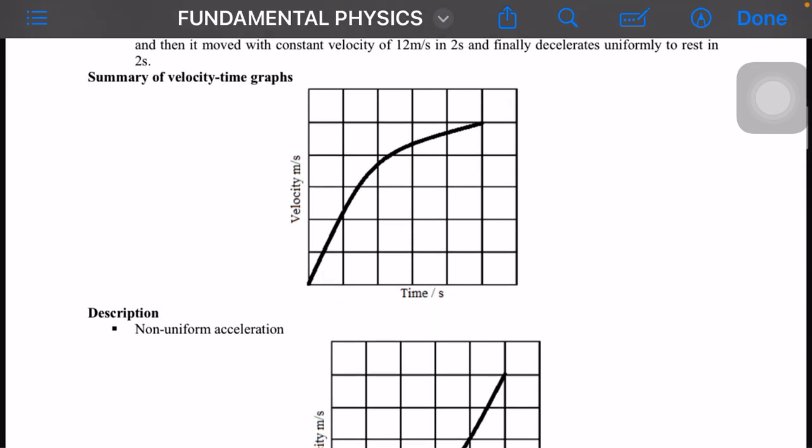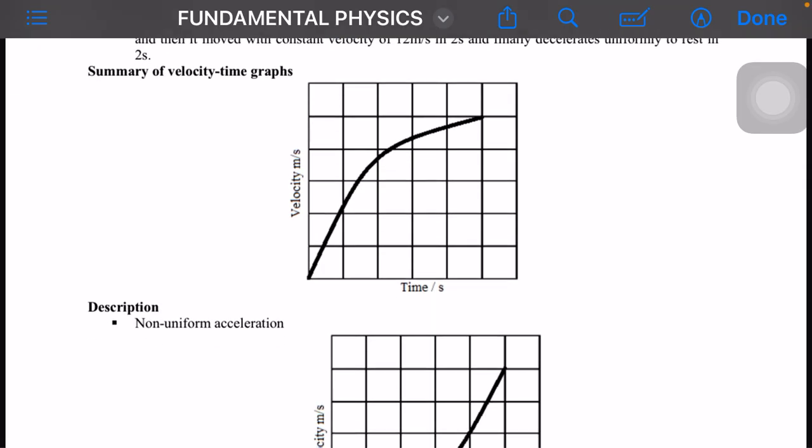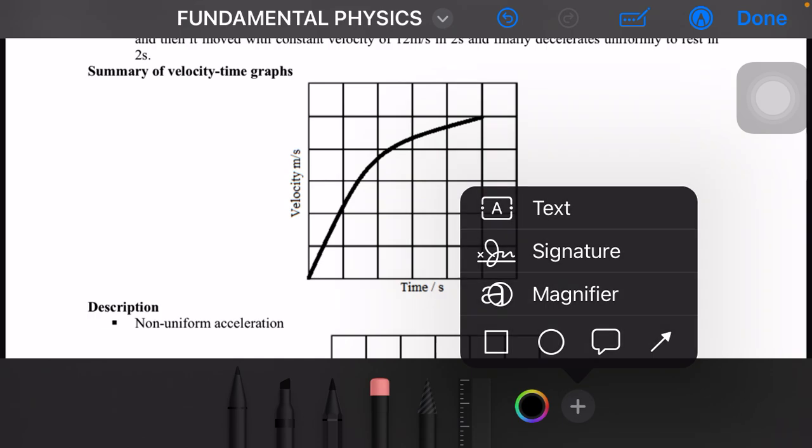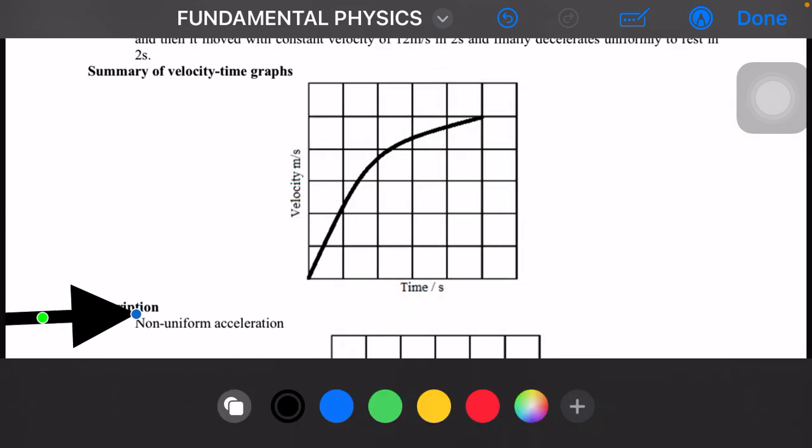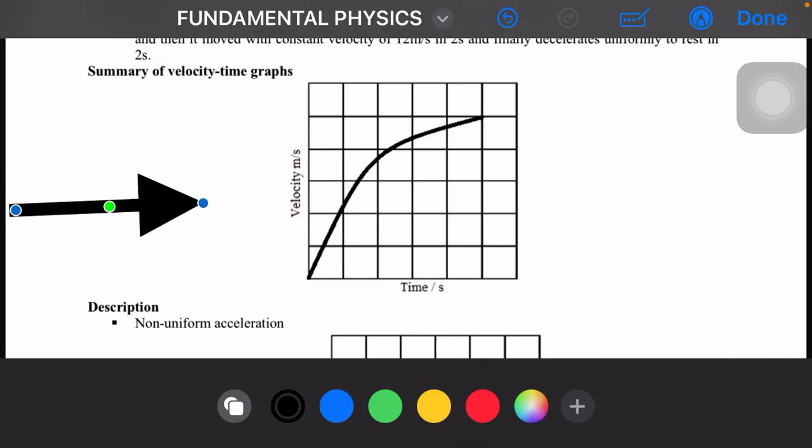So in summary, each time you see a velocity time graph forming a curve, just know that there's no uniform acceleration.